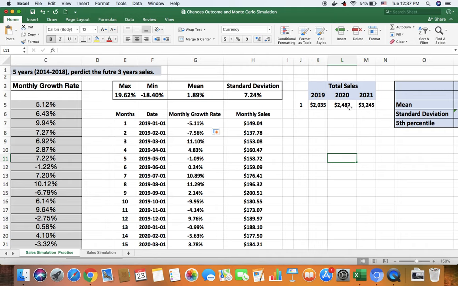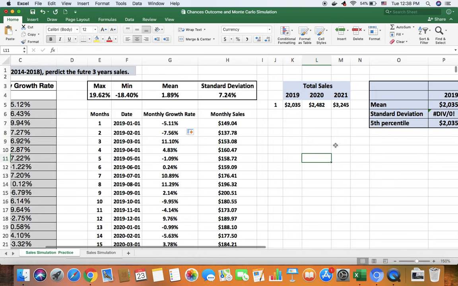According to the law of large numbers and the central limit theorem, if we have many samples, for example 1,000 samples or 1,000 scenarios, and then we calculate the mean of the 1,000 samples, the mean shall be very close to the true mean.